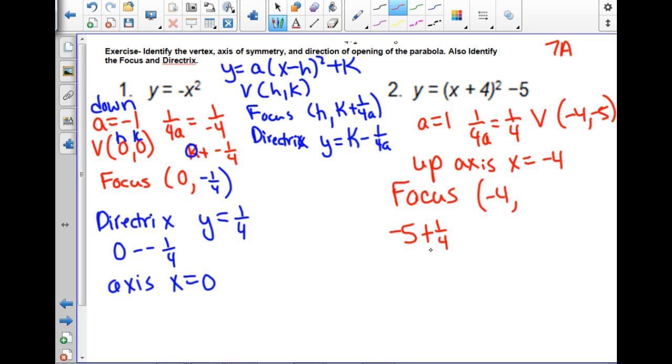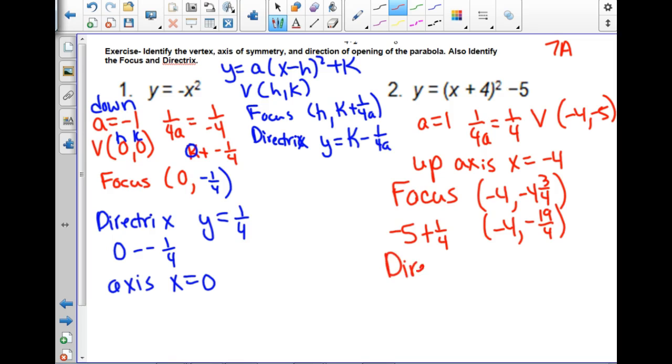Or you can just think, if I took away a quarter from a whole, you'd get 3/4. So this is going to be negative 4 and 3/4. Or what your calculator is going to give you is negative 19/4 if you hit the math or enter button after doing negative 5 plus 1/4.